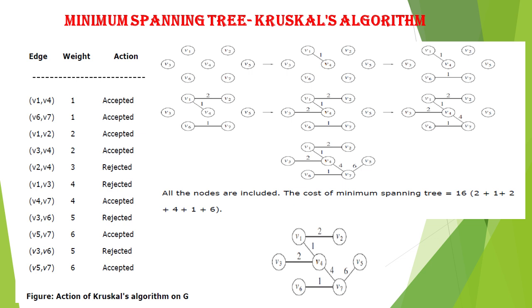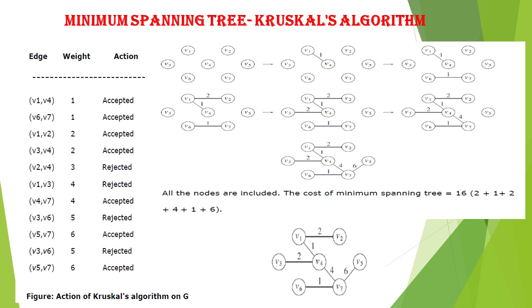Next, V4 to V7. When you include this edge V4 to V7, no cycle is created here, so this edge can be accepted. Next, V3 to V6. When you include this V3 to V6 edge, a cycle will be created, so it should be rejected. Next, V5 to V7 with a weight of 6.